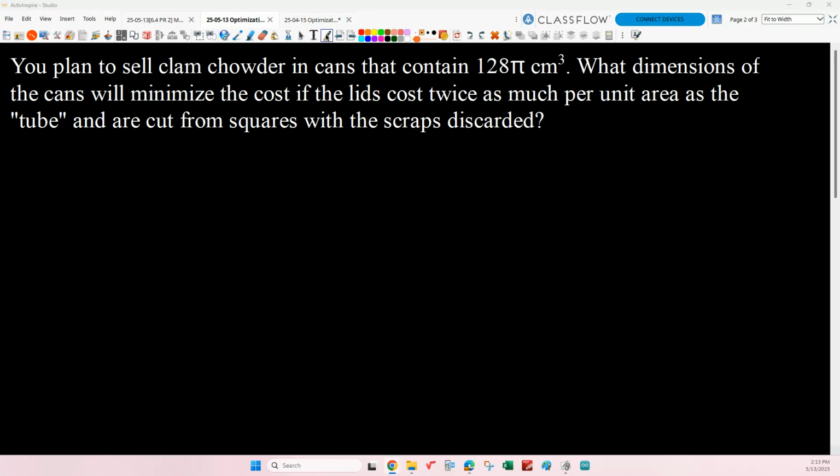So maybe I draw a picture of our cans. So there's my can. We'll call this distance R. What are we going to call this? Height. Okay, I like it.